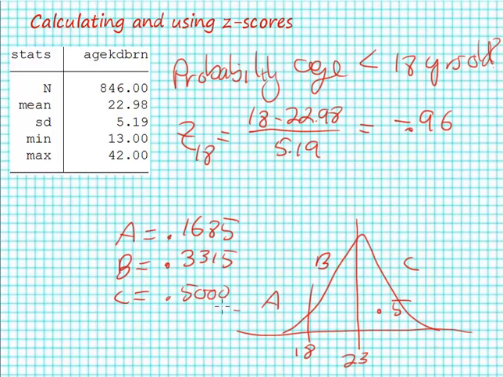And again, to check my work, these numbers have to add to 1. So we know that the probability of being 18 years old or younger when a woman has their first child is approximately 0.1685, or about 17%.